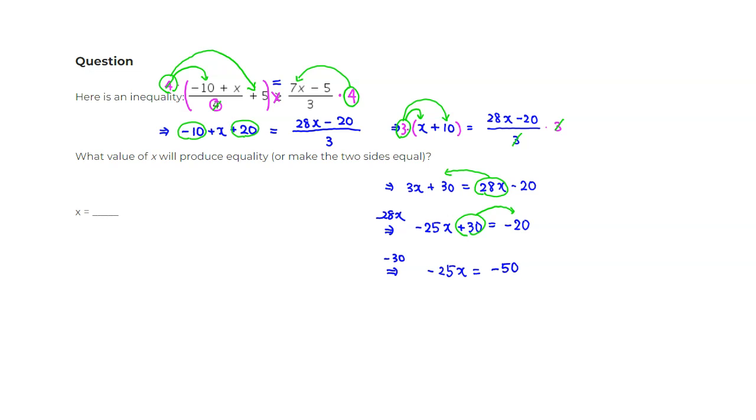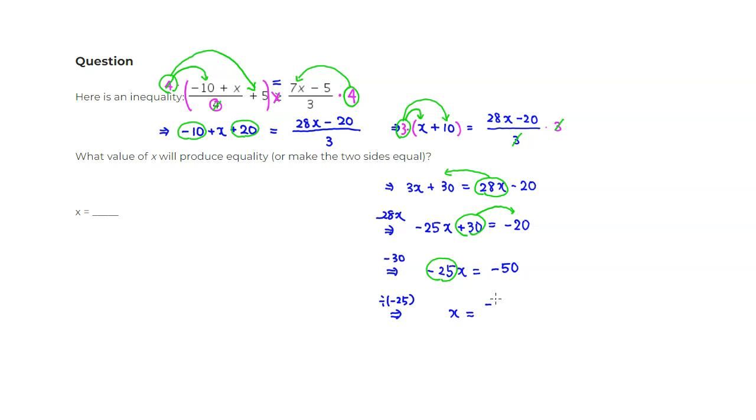Then we need to isolate x, so we need to get rid of the negative 25 in front of x. We can do that by dividing through by negative 25. That gives you x isolated all by itself.